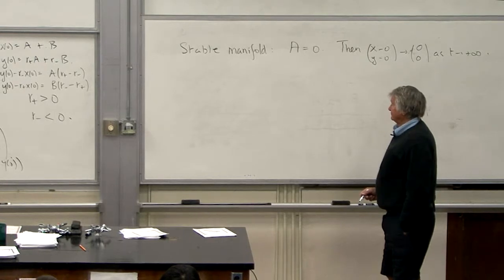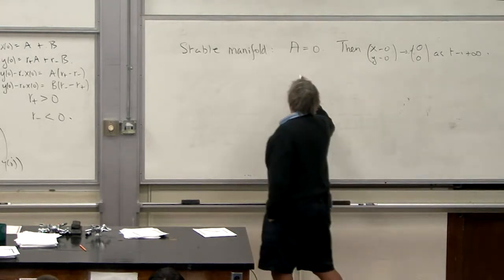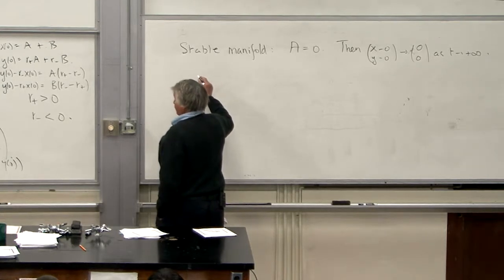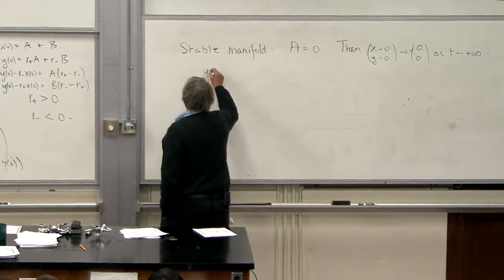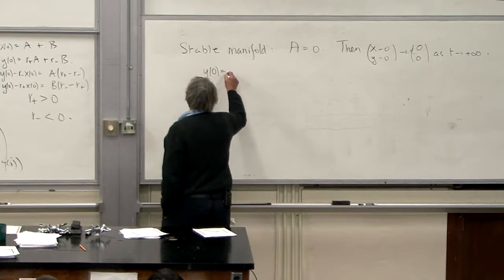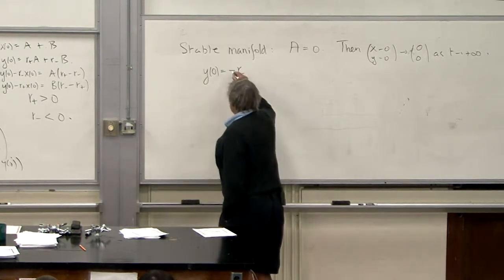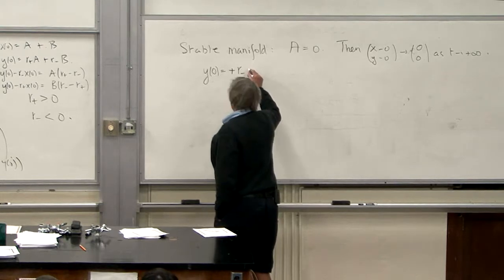Okay? So in this case, what is the stable manifold? Well, the stable manifold is A has to be 0, so y of 0 has to be minus R minus, or sorry, plus R minus times x of 0.